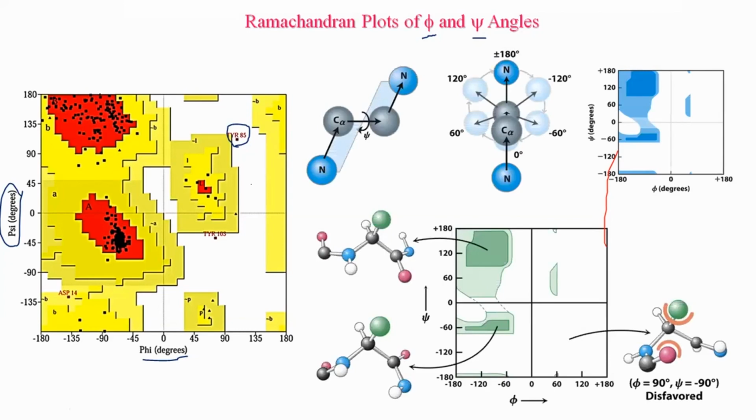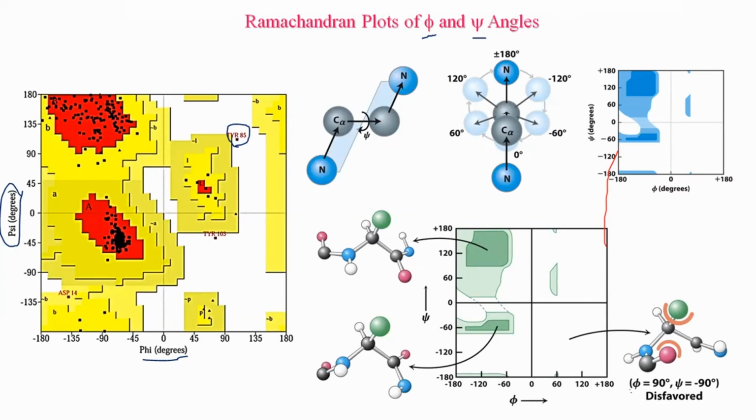See here, you can see the phi and psi angles between the alpha carbon to nitrogen, and alpha carbon to carbon. So residues falling in these will have more phi and more psi angles, and residues falling here will have low phi and high psi angles.